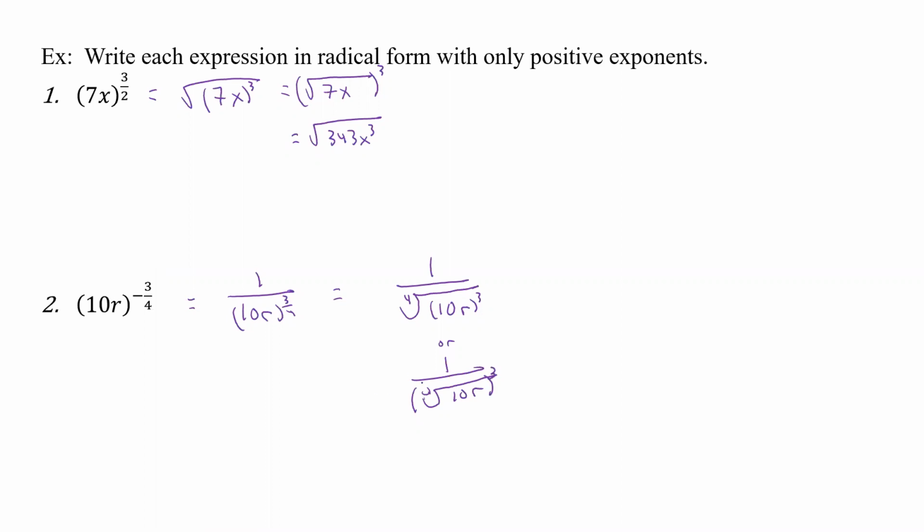Okay, so it depends on if you want to put it on the inside or the outside. If we put it here, we could even write it as the 4th root of 10 cubed, which is going to be 1,000, and then it's r to the 3rd. Okay.